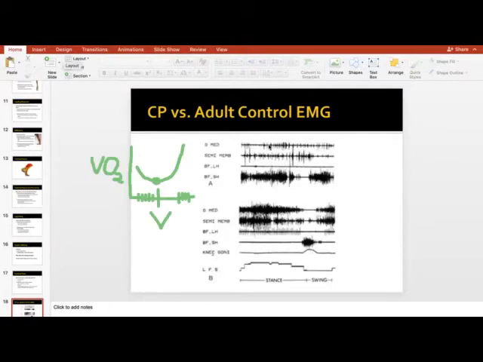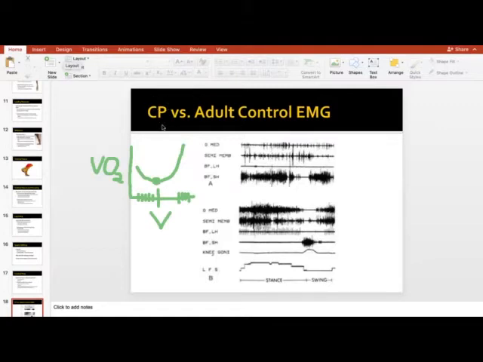And if your limb is stiff and your protagonist and antagonist muscles are firing at the same time, there's no possibility for that leg to swing like a pendulum, and therefore there's no opportunity for that leg to conserve kinetic and potential energy.